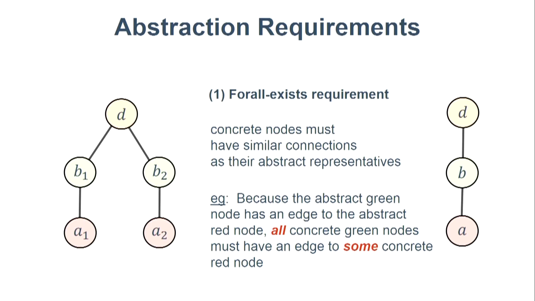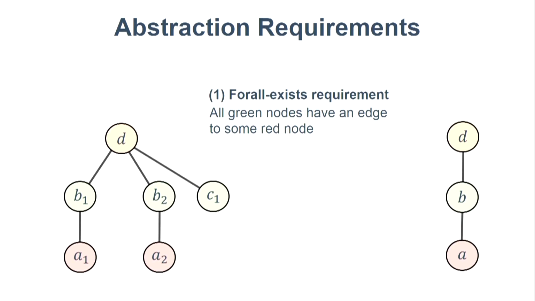In this case, the idea is that because there is a connection between abstract nodes B and A, there must be a connection between all of the related green nodes and some red node. So for example here, B2 must have a connection to some red node, either A1 or A2, and indeed it does. It has a connection to A2.